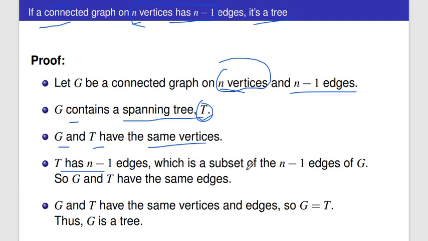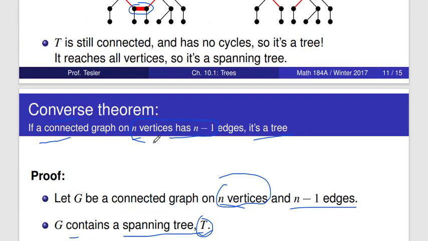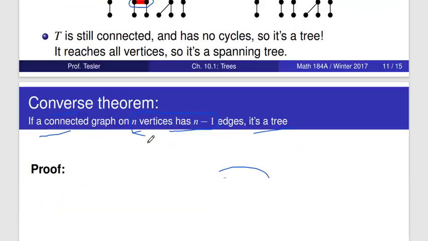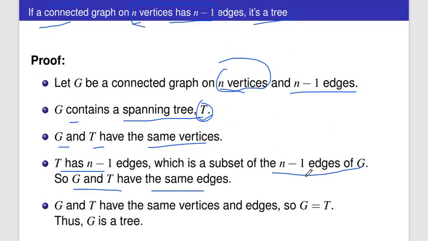These edges are a subset of the n minus 1 edges of G. So we can say that G and T have the same edges, since T has n minus 1 edges and the spanning tree is a subset of graph G.